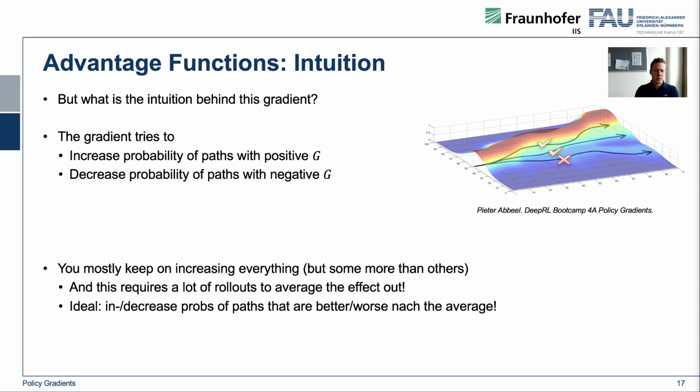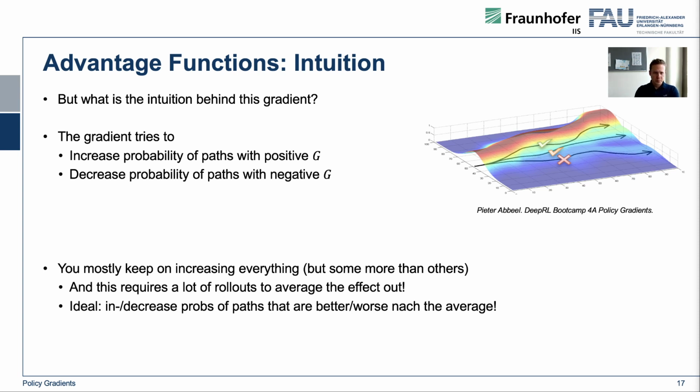One further thing to mention: in practice, you will keep on increasing everything because you either have a positive or a negative reward, so we actually will always increase everything, but you will increase some more than others.